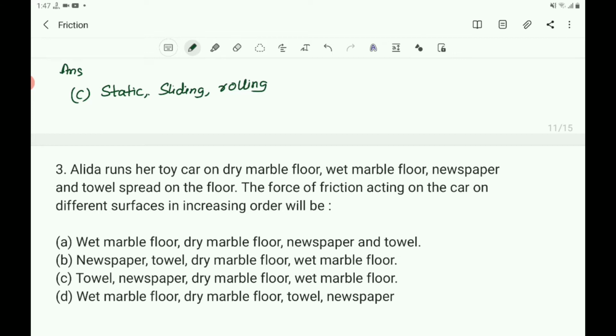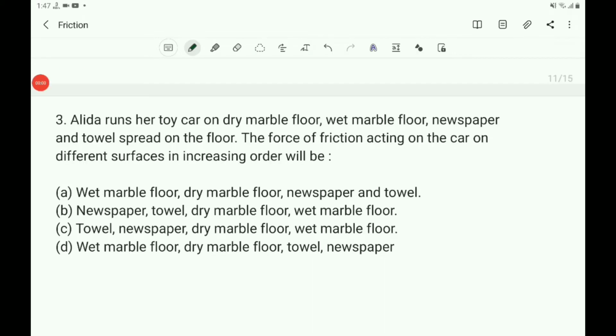So the toy car is made to run on the dry marble floor and wet marble floor, and on newspaper and on towel spread on the floor. And we have to write the force of friction acting on the car on different surfaces in increasing order. So here you have to start from the lesser to more.